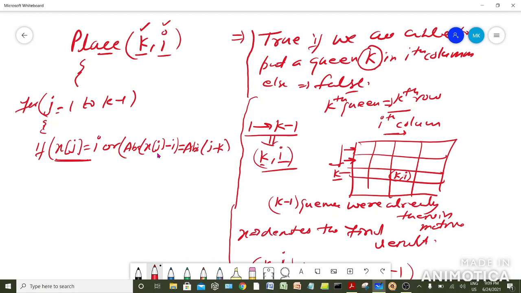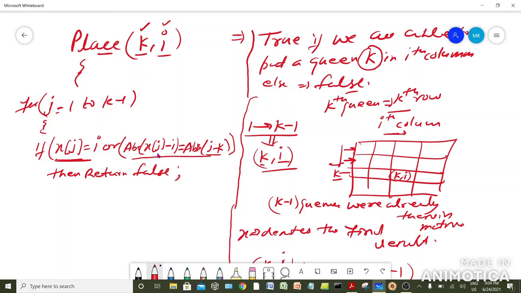If any of these conditions is true, this is for column wise checking, and this is for diagonal. Try to understand, I have just explained it. So it says that if this condition is true, then it has to return false. We cannot place the queen in the ith column because a queen was already placed in the ith column earlier.